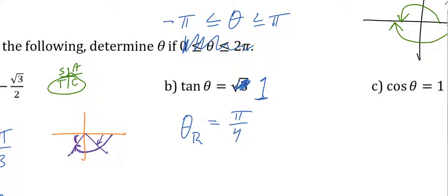And if my domain is this, we're going to do CAST. Where is tan positive? It's positive in the first quadrant and the third quadrant. So one of my angles is going to be rotating positive, and the other one's going to be rotating negative, right? To get to the third quadrant, I've got to go back this way because of my domain.